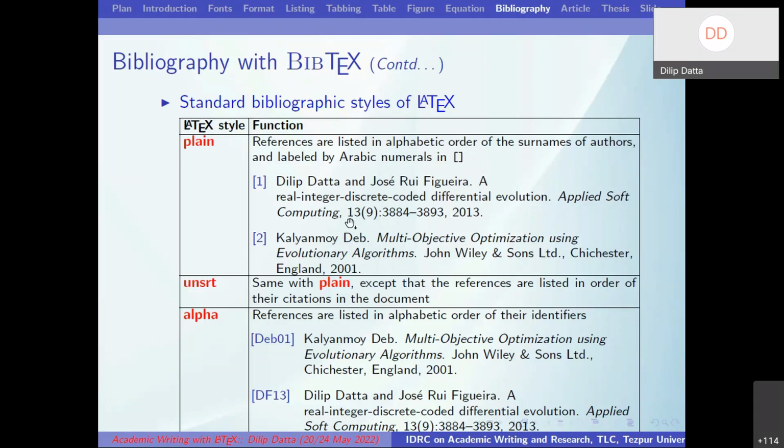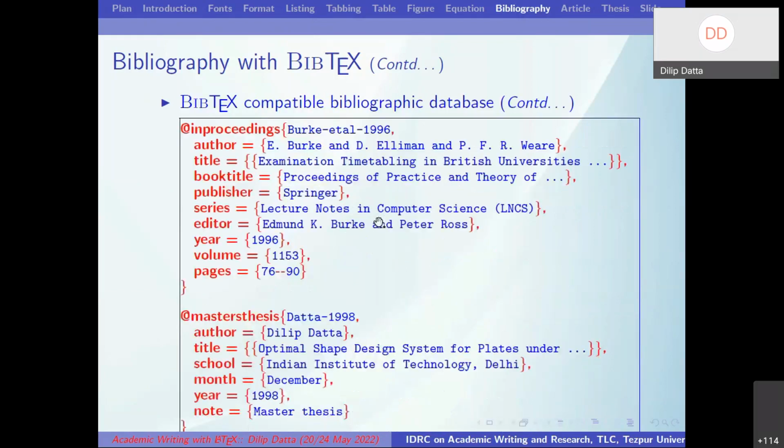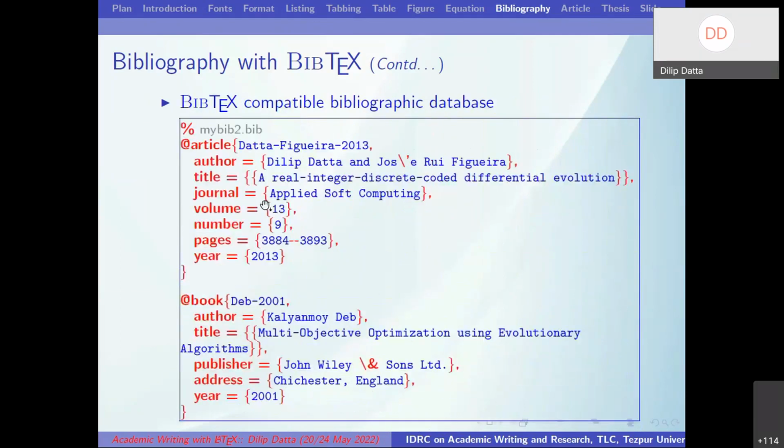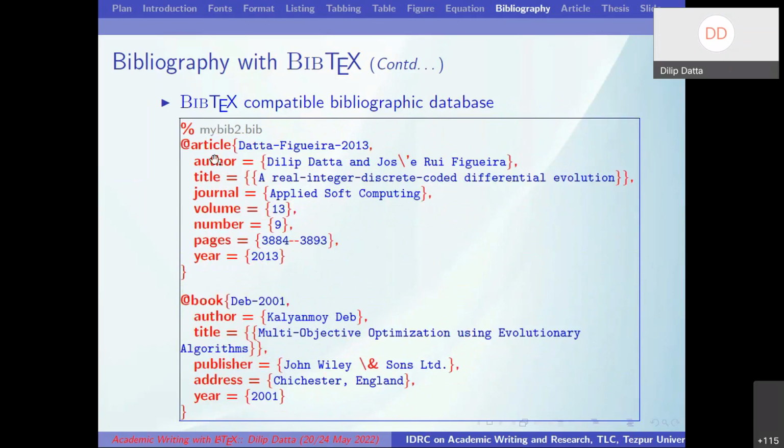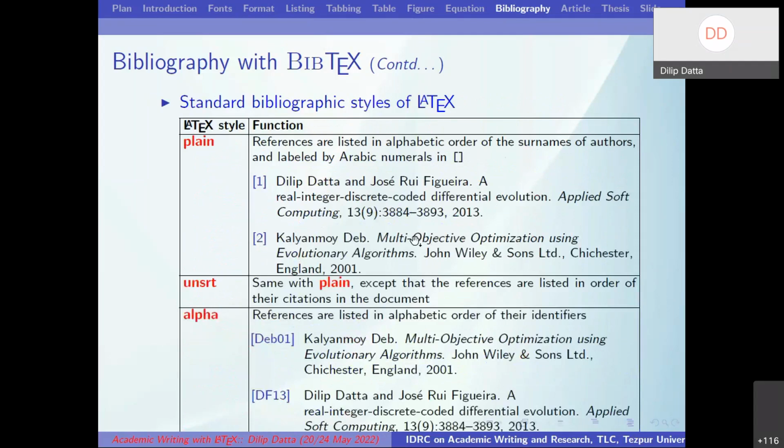Now say if we go back, particularly to this article, I showed here that this keyword is for identification. Author name, title, journal, volume, number, pages, year were all written separately, but LaTeX has arranged them in a particular order.